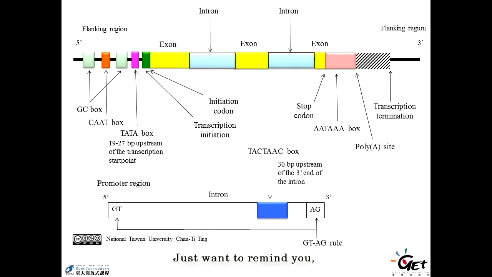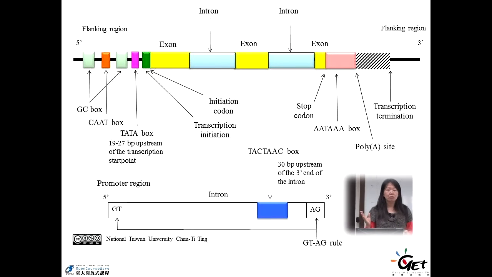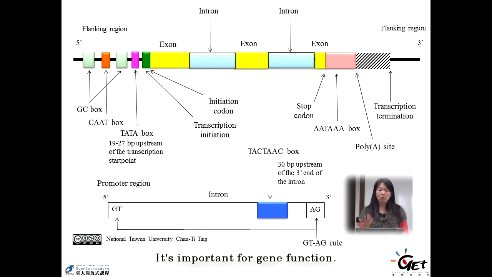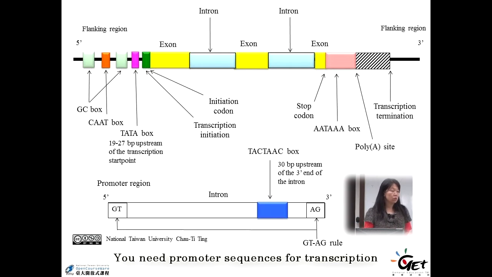Just want to remind you, this is a diagram. Try to look at the sequence surrounding a gene. From molecular biology, we already know there are certain signals or signatures at the DNA sequence level that are important for gene function. For example, you need splice sites to splice the introns. You need promoter sequences for transcription.